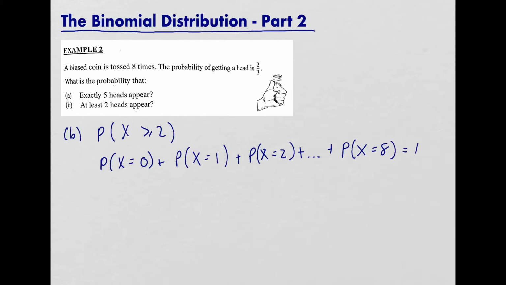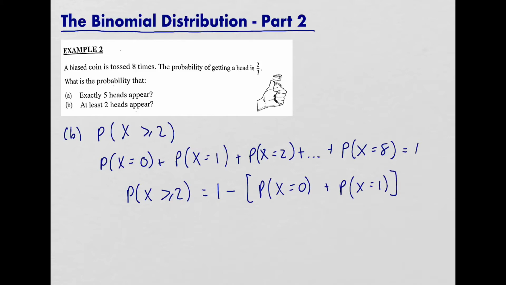So from that, we can state that the probability that x is greater than or equal to 2 must be 1 minus the probability that x equals 0, because remember that's not allowed, plus the probability that x is equal to 1, because that's also not allowed.